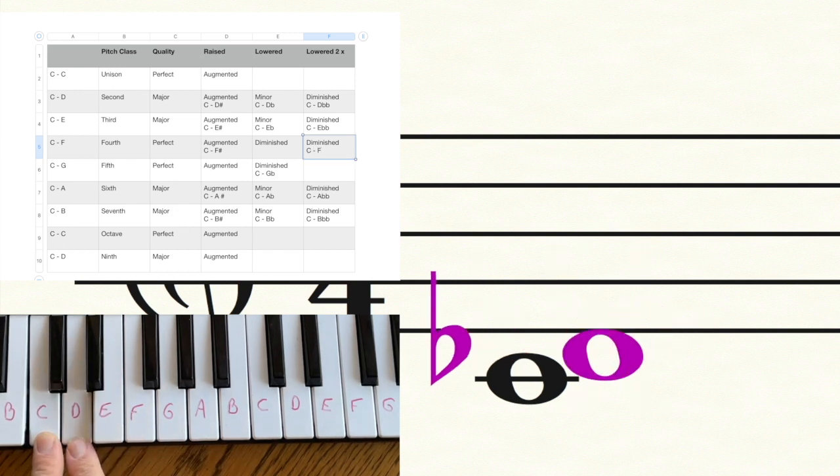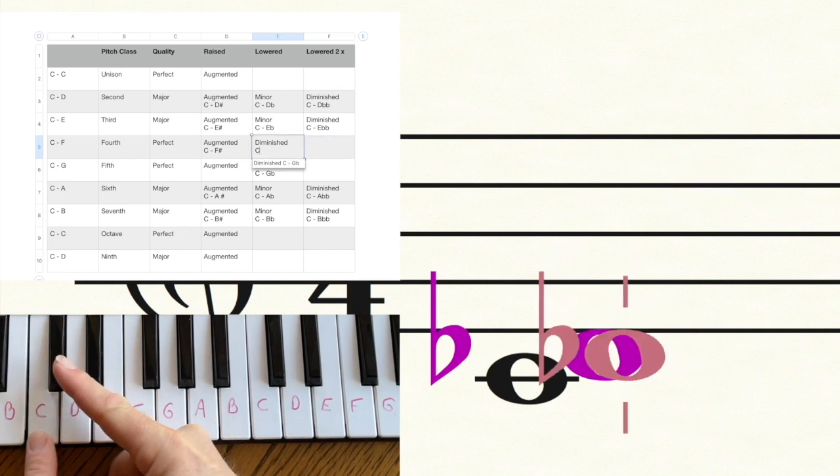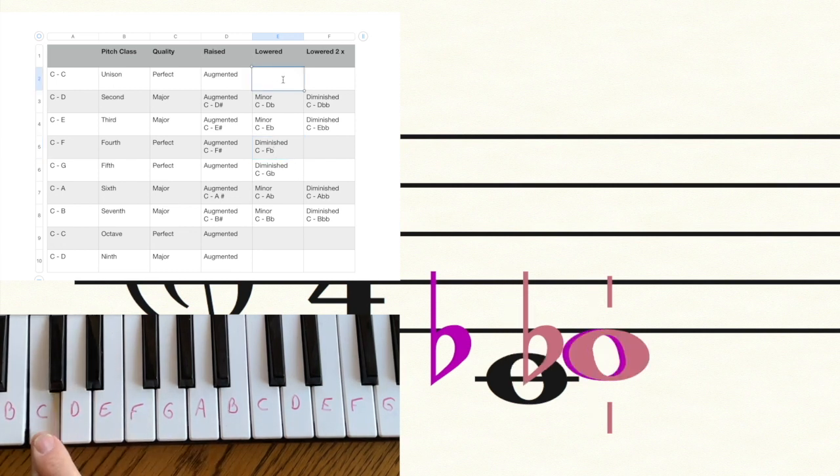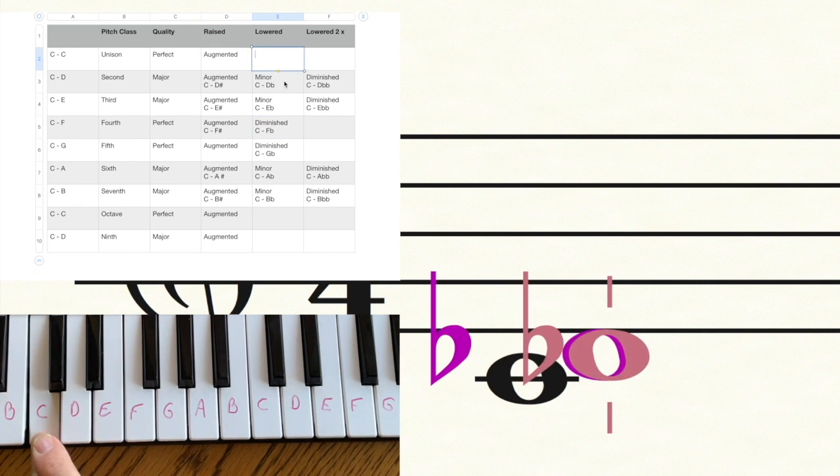And of course, your second was also a major interval. So if you put one flat on it, it's a minor second. And if you put two flats on it, it's a diminished second. So in this case, your diminished second sounds just like a unison because D double flat would be a C. Some of these are used more often than others, but again, it's a naming scheme.